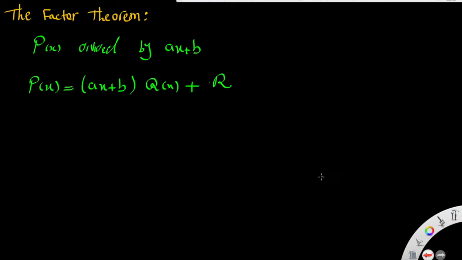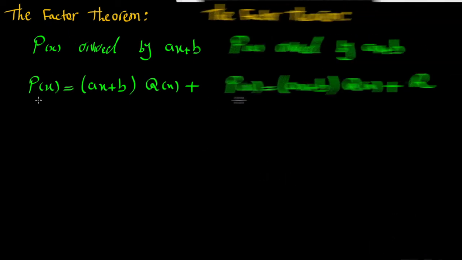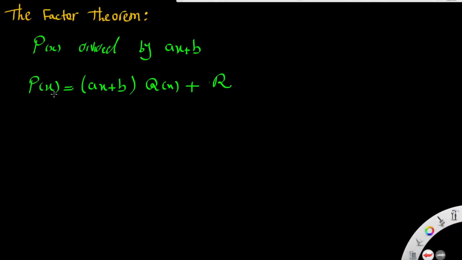Now we are going to see whether this polynomial p of x is divisible by ax plus b or not. For example, we know that 9 is divisible by 3, so 3 is a factor of 9. We know that 12 is divisible by 4, so 4 is a factor of 12. Why are they divisible? Because when divided, it leaves a remainder of 0.